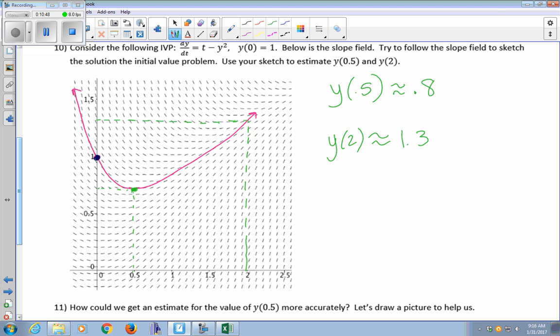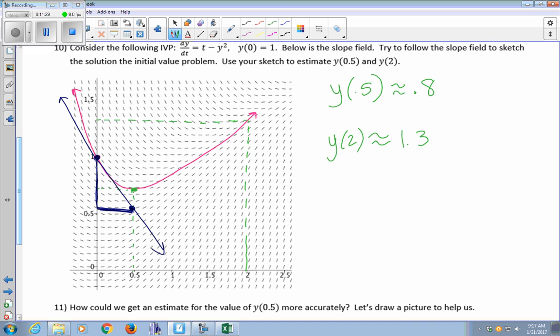So I could draw a tangent line there, and as long as I'm near the point of tangency, that tangent line will approximate my function. Now, 0.5 is arguably not very close to 0, but we're going to use it for this first example. So if my purple line approximates the pink curve, and I would like to know the y value at 0.5 on the graph, I could find the y value at 0.5 on the line instead, because it approximates the curve.